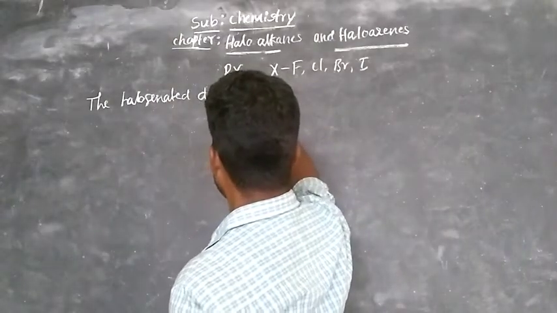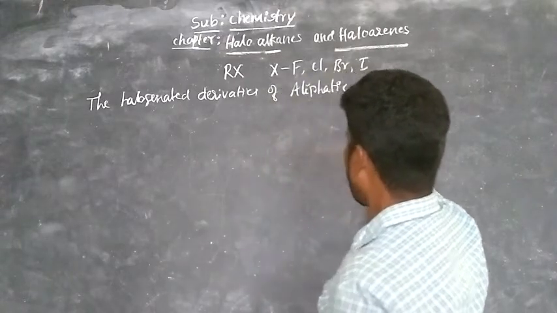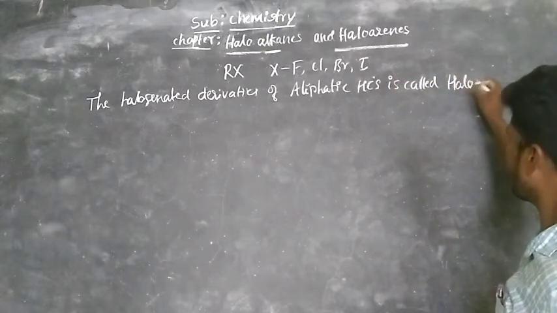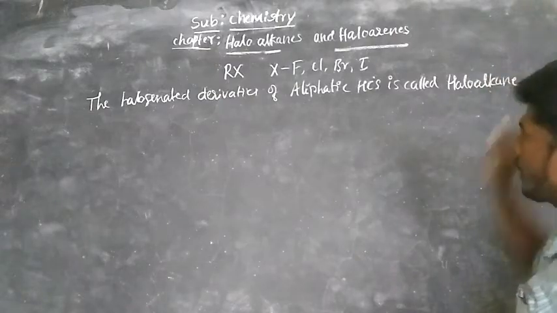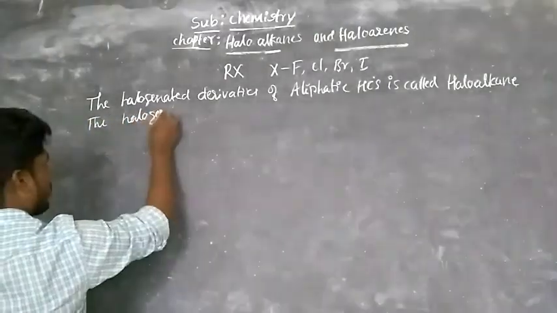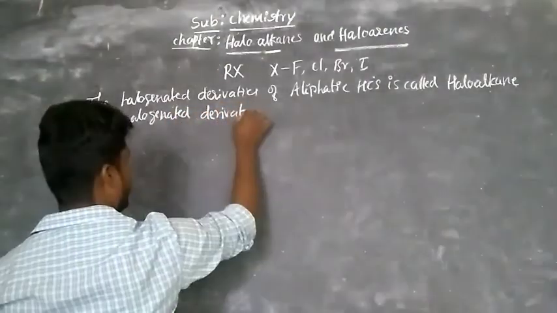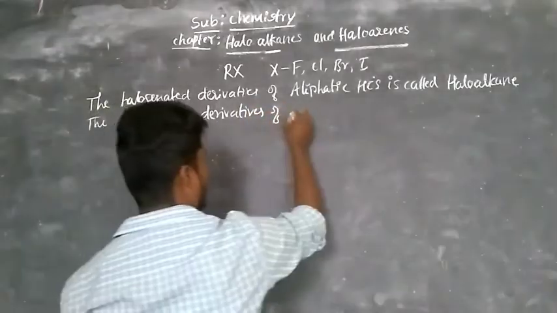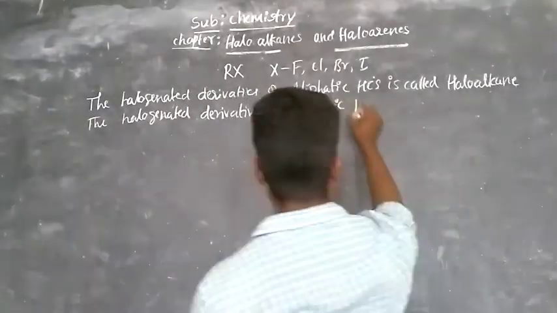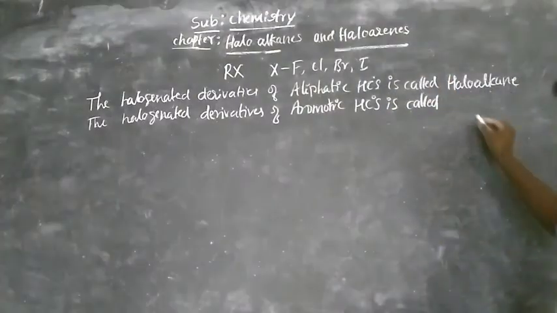of aliphatic hydrocarbons is called haloalkanes, and similarly the halogenated derivatives of aromatic hydrocarbons is called haloarenes.